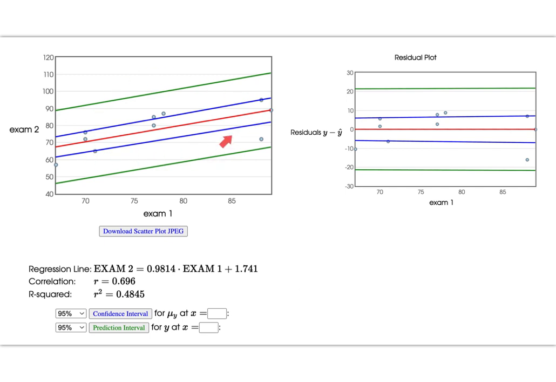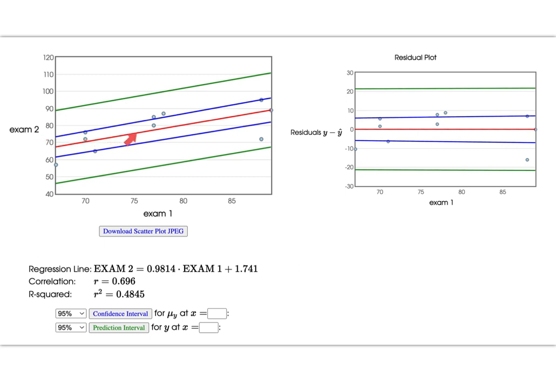This graph was the original graph of my data. The red line was the line of regression that we calculated. The blue line is a 95% confidence interval line, which means if I have a value of, say, 75 right here, if I go up, the predicted value will be right here, which looks like it's also about 75.